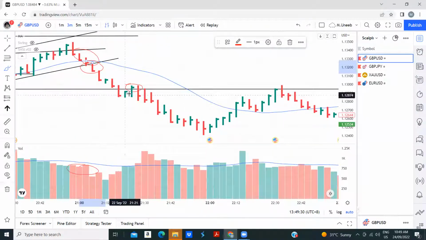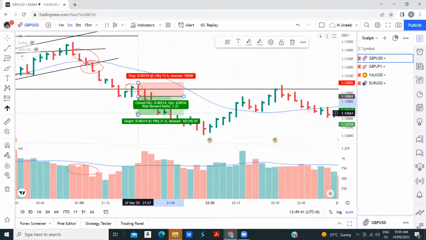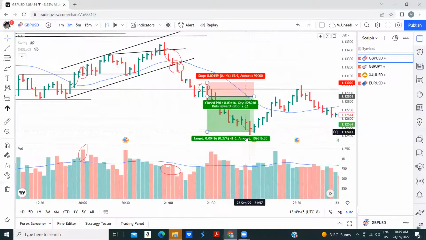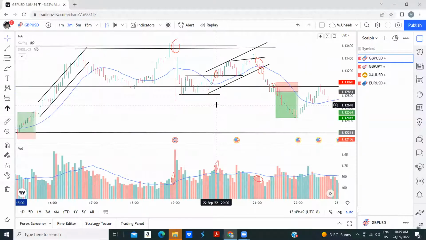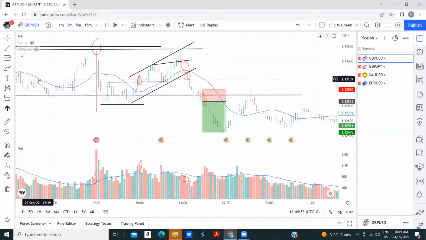You can see effort with no result here, tested this region. Both of these, and then there is an upthrust, a hidden upthrust. This is an ideal entry. Got it?